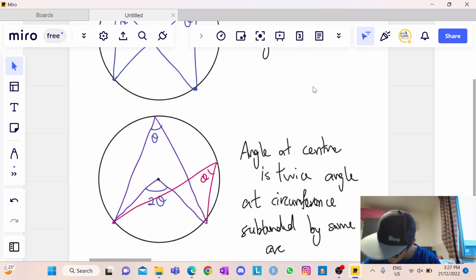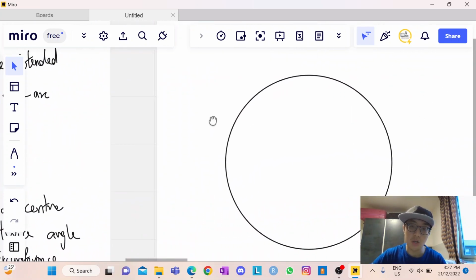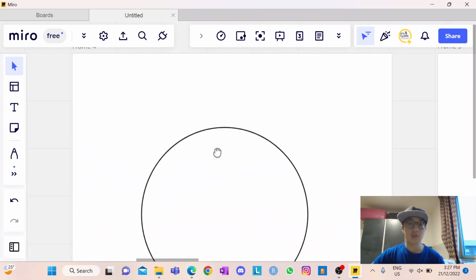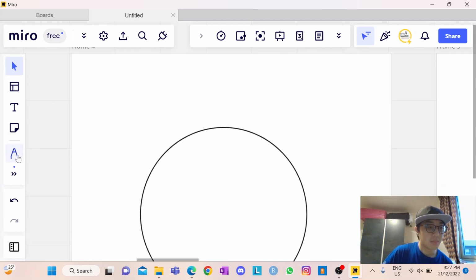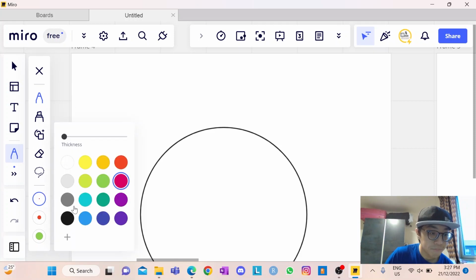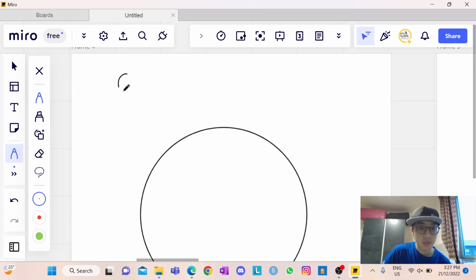Okay, next we are going to move on to cyclic quadrilateral. All right, so I prepared all the circles here just to minimize the time wasted from you looking at me drawing the circles. So this is cyclic quadrilateral.